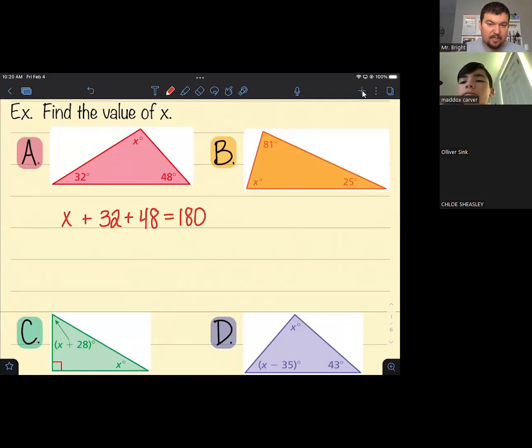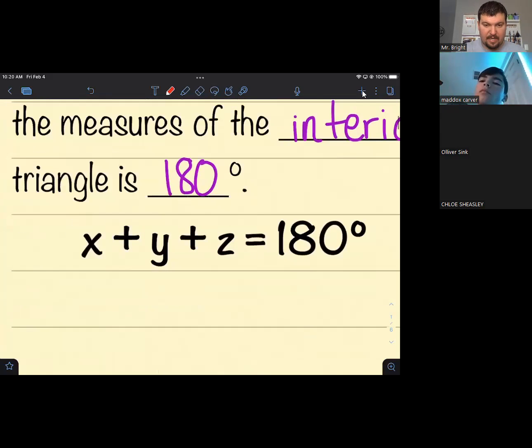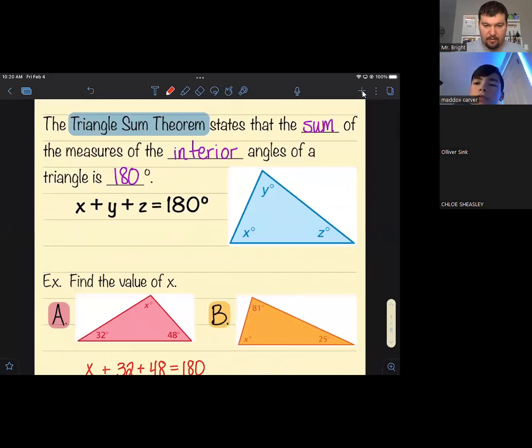Instead of starting at this equation, if you wanted to start at this one and already combine those like terms, that's perfectly fine. But I do want you to show equations on your work papers for 3.2, because that's what the sum theorem says: if I add these three angles together, I'll get 180 degrees.